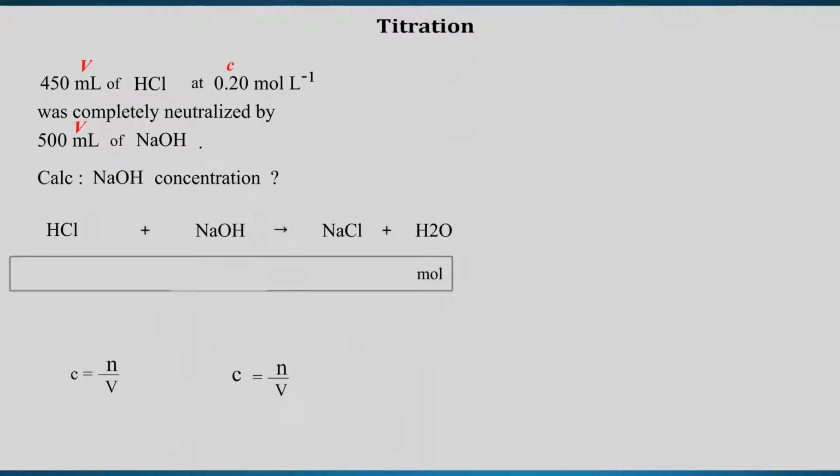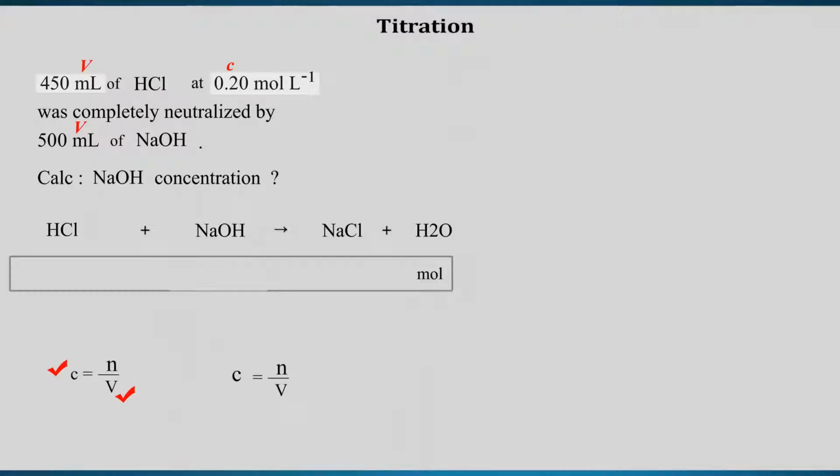You have that much of HCl at that much concentration completely neutralized with that much of NaOH. Calculate the NaOH concentration. Equation, formula, we start. First, HCl.